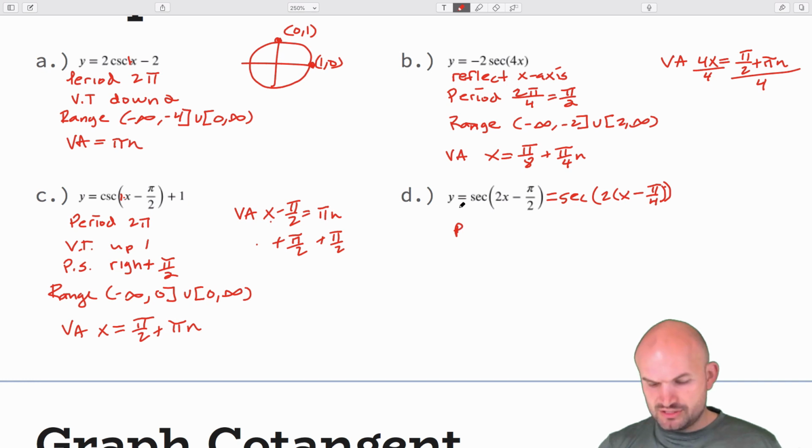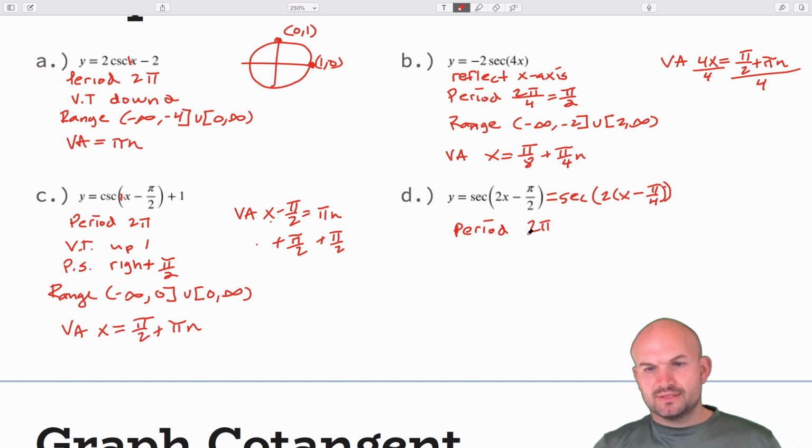Let's do period first. The period in this case is 2 pi divided by 2, which is equal to pi. So my graph is being horizontally compressed. I have a phase shift of pi over 4 to the right.